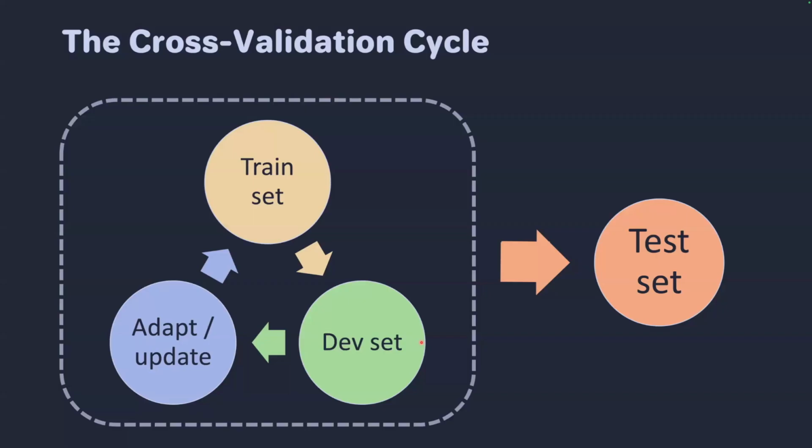I think I talked a lot here, but the key take-home message is this: this is your cross-validation cycle. This is typically how you would train and iterate through training the model. Be very careful in picking your dev set. Be very cautious of not overfitting towards just the performance of the dev set, and make sure that your dev set and test sets are truly test sets, not correlated to the features you see in the training set.